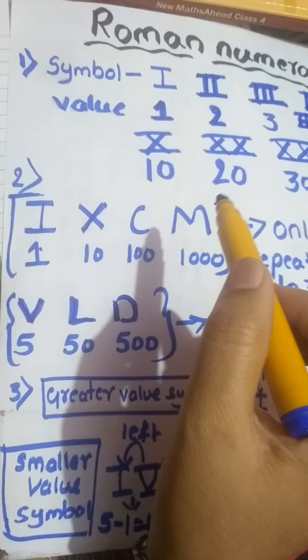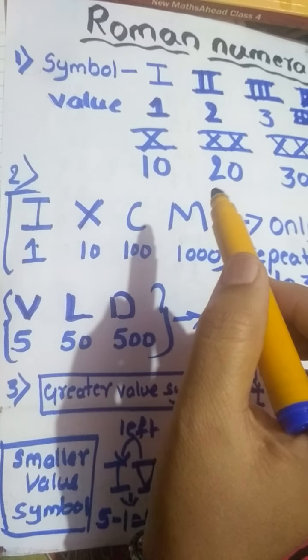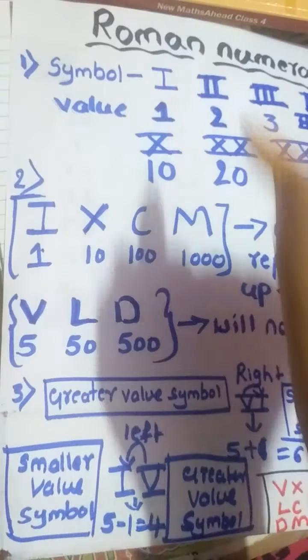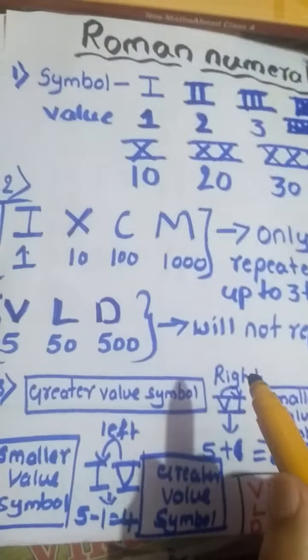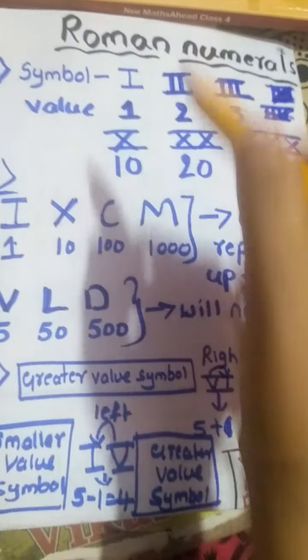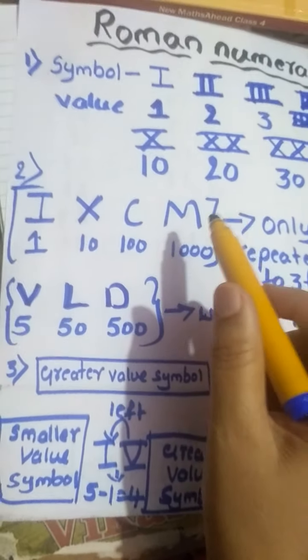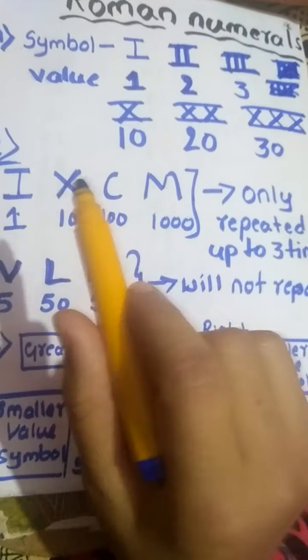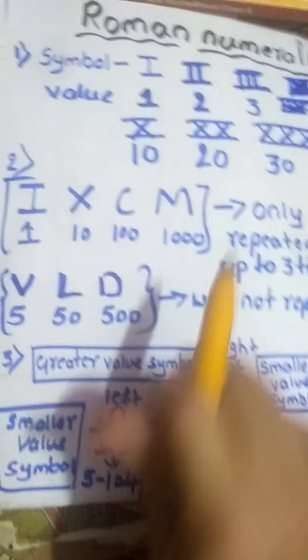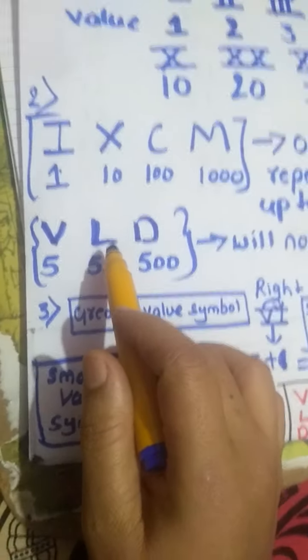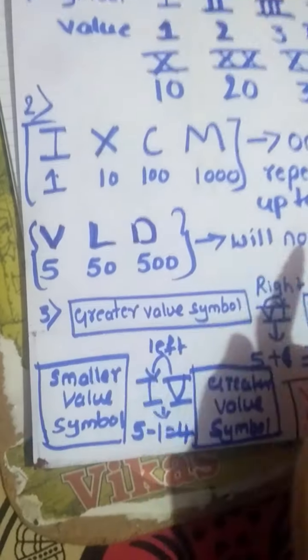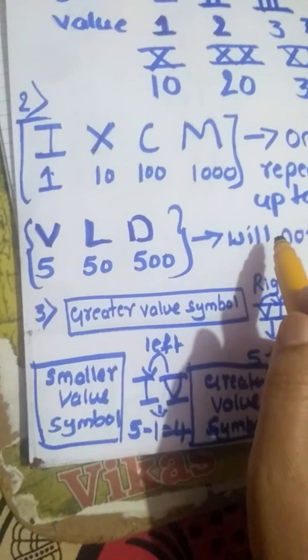So for writing numerals in the Roman system, you have to keep these rules in mind. Capital I, capital X, capital C and capital M will repeat only 3 times, not more than 3 times. Capital V, capital L, capital D will not repeat. We cannot repeat those symbols.